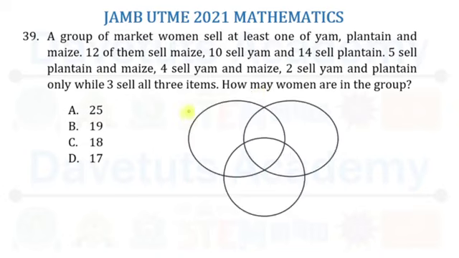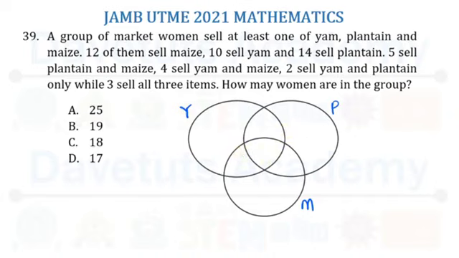Okay, I'm having this as my yam, this as my plantain, and this as my maize. So let's look at the question. Ideally, it's best that we start interpretation from the inside out.